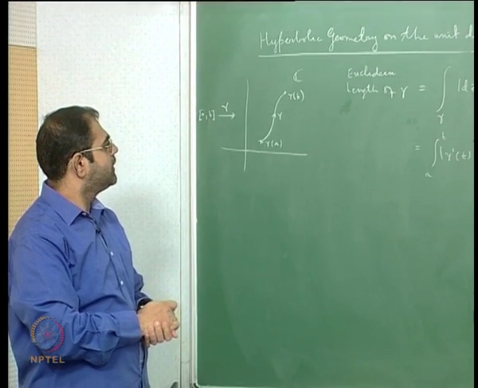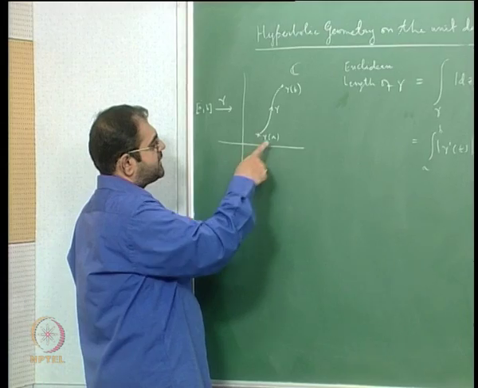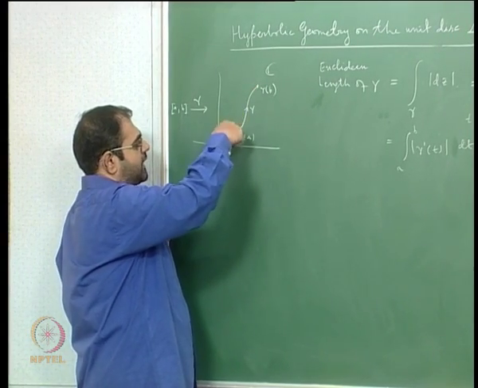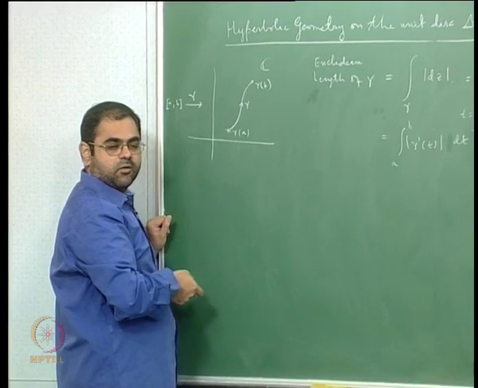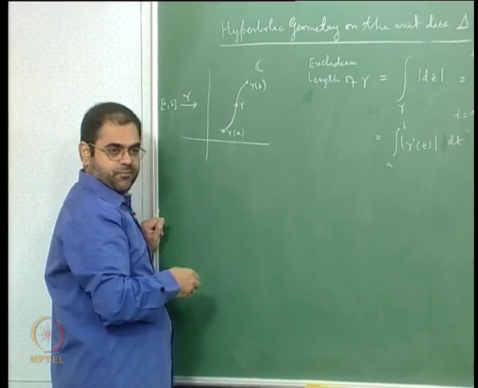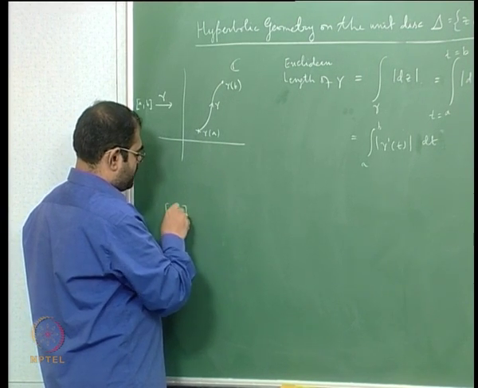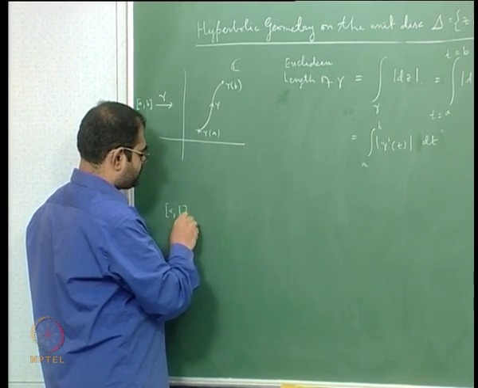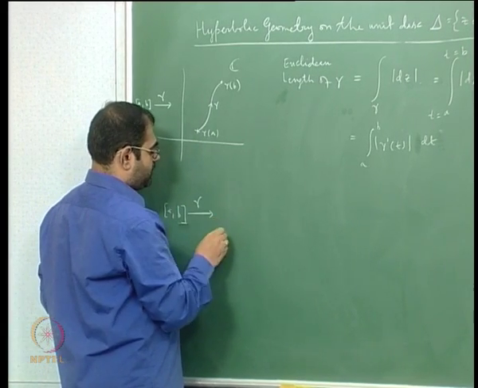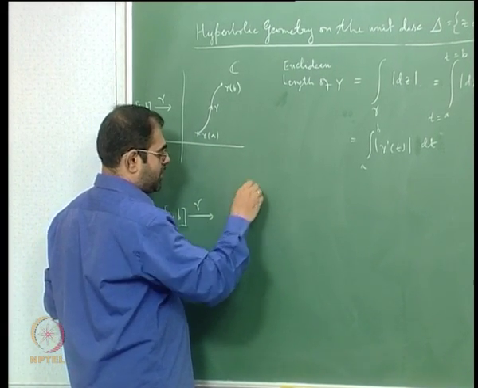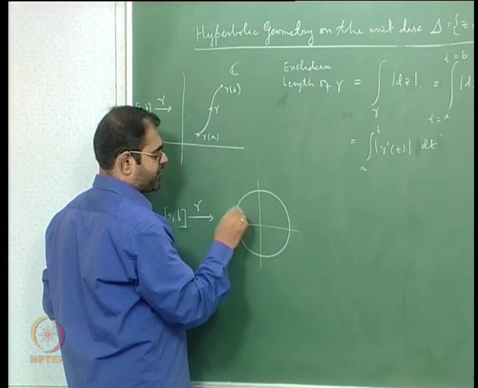Now what we are going to do is take a special case: we are going to look at such arcs or contours inside the unit disk. So you have this finite closed interval AB on the real line, and you have this path or contour gamma, and the point is that this gamma lands inside the unit disk.